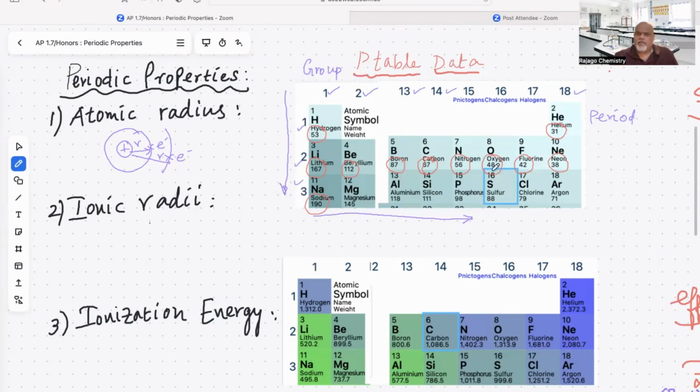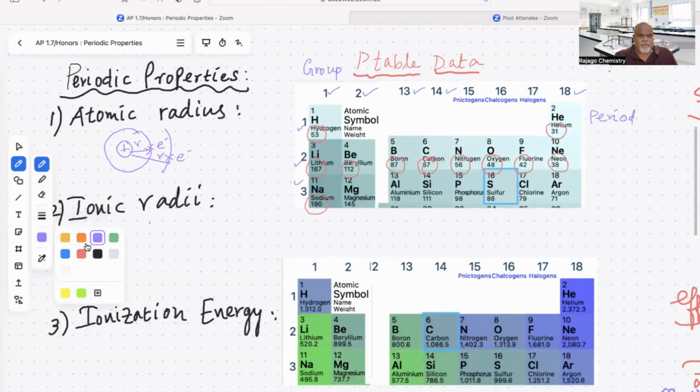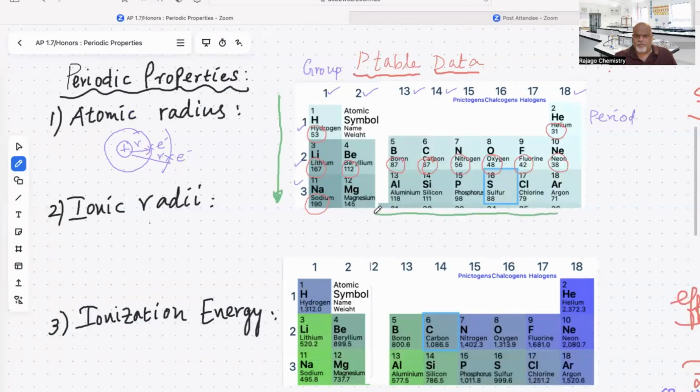From left to right, it decreases. Okay. So we can draw like this. It increases from top to bottom, and it decreases this side. So we can draw like this. Okay.